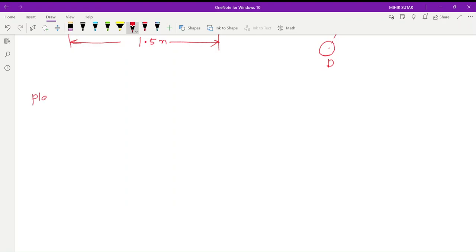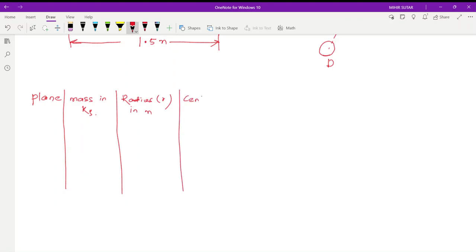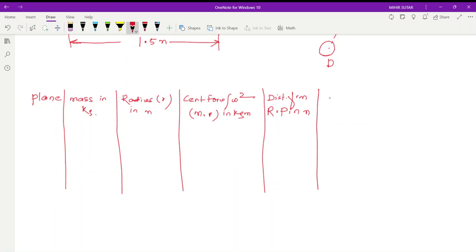So first column is your plane, then mass in kg, then radius r in meter, then centrifugal force divided by omega square, that is m dot r in kg meter, then distance from reference plane in meter, then we have m r dot l, kg meter square.